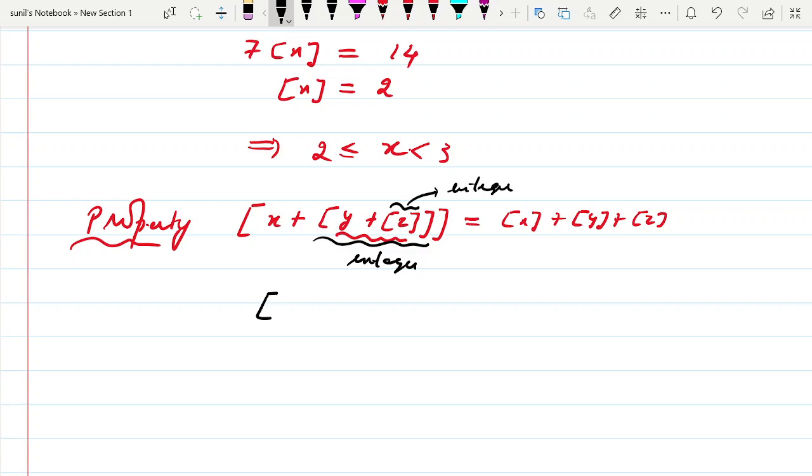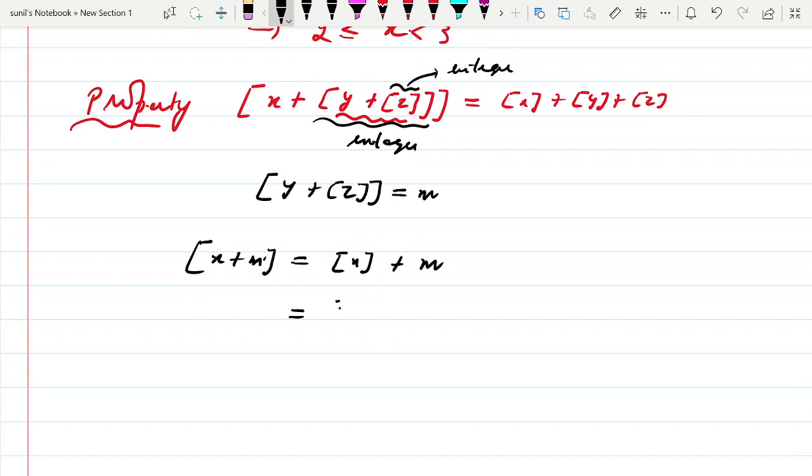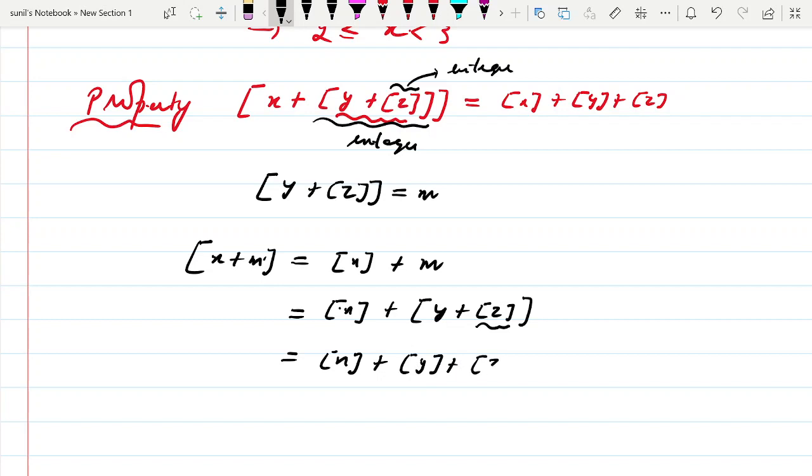So can we write bracket y plus bracket z, and the whole of this is some integer m, so it is bracket x plus m. Now let us simplify it. Bracket x plus bracket y plus bracket z. Again this is an integer, so we can write bracket x plus bracket y plus bracket z. So guys, this proves this property.